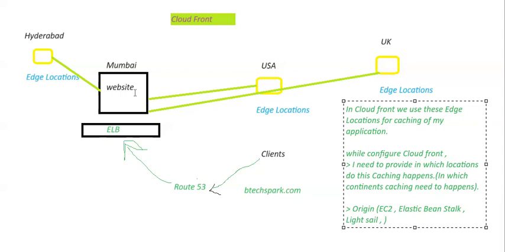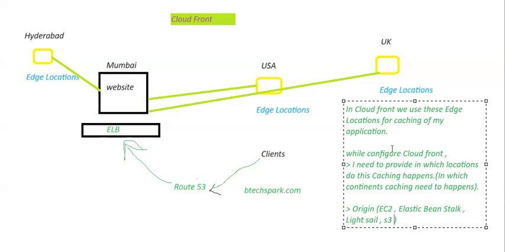Are these the only ones? No. While explaining S3, I also explained an advanced feature, that we can host our static websites by using S3. So can I say S3 also becomes one of the origins? Yes. S3 is also one of the origins for my application hosting.